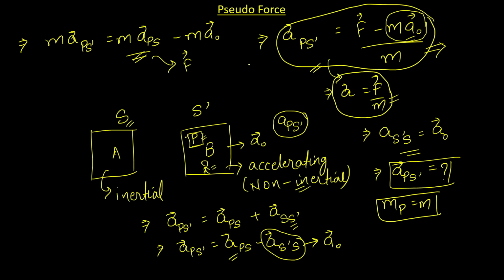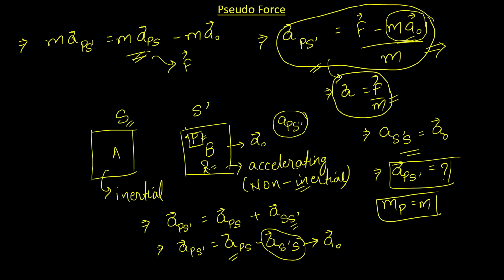So to make Newton's second law of motion applicable for this non-inertial frame also, we have this extra term m a naught vector, and this is basically taken as a pseudo force. That is, we are considering an imaginary force acting on this particle P in the opposite direction.